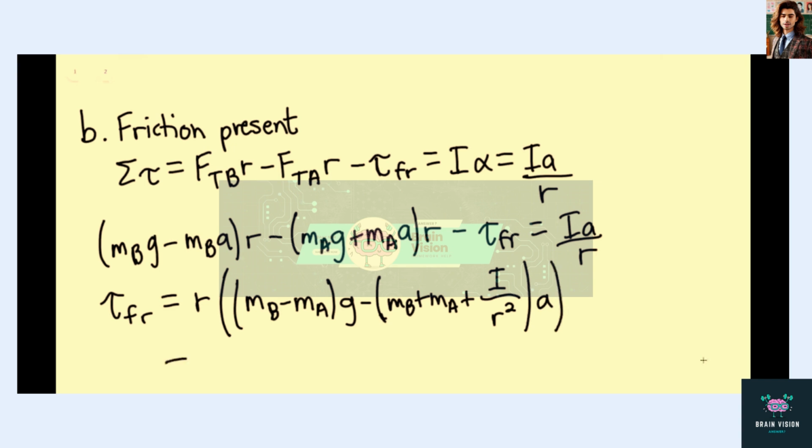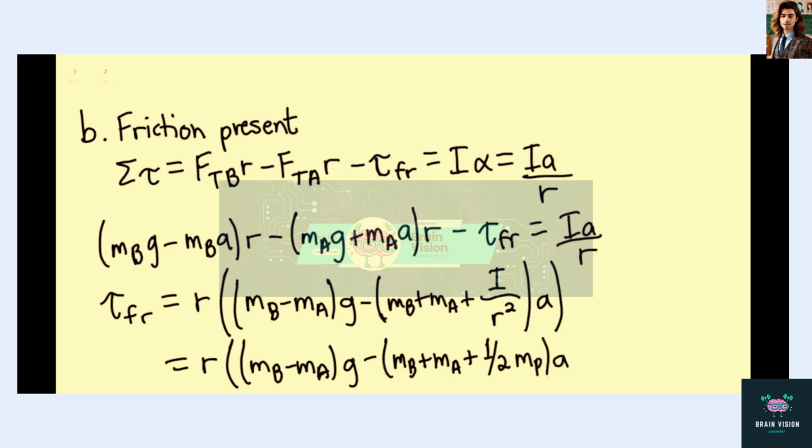This would be equal to R times m sub B minus m sub A G minus m sub B plus m sub A plus 1/2 of m sub P times A.